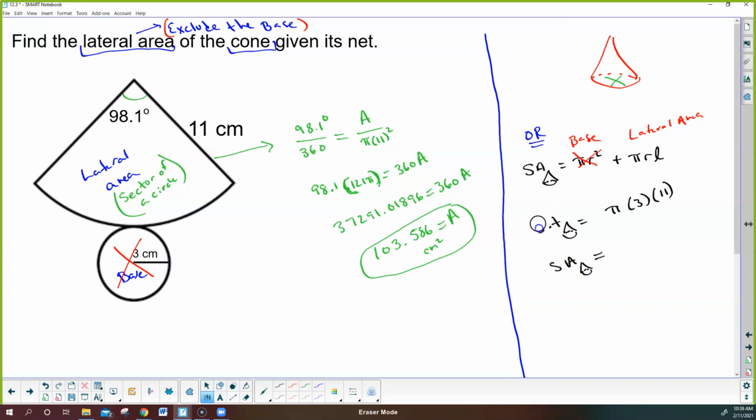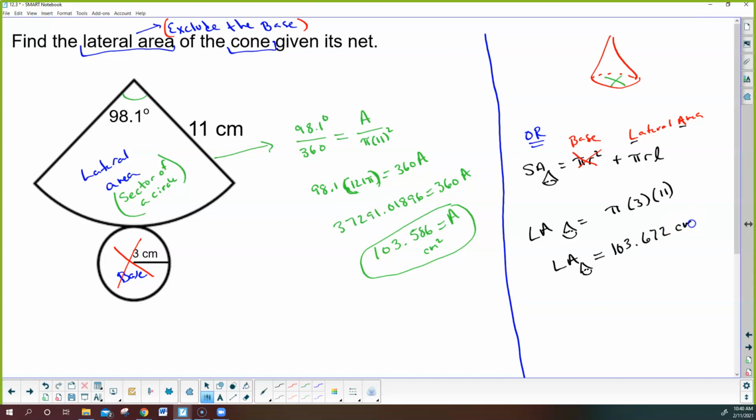Oh, and I want to be careful because this actually isn't surface area anymore, because I got rid of the base. So we would call this LA for lateral area. And then 3 times 11 is 33. 33 times pi gets me very close.